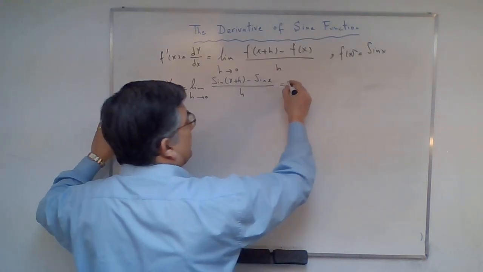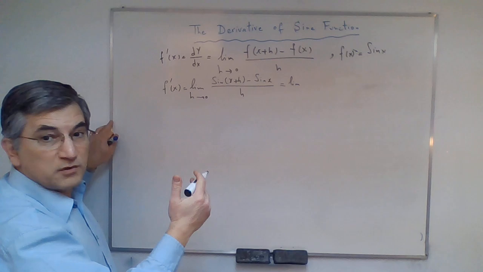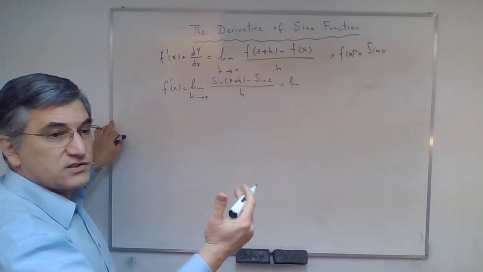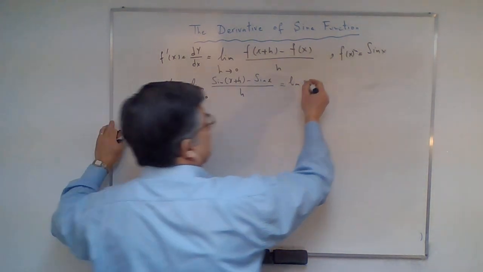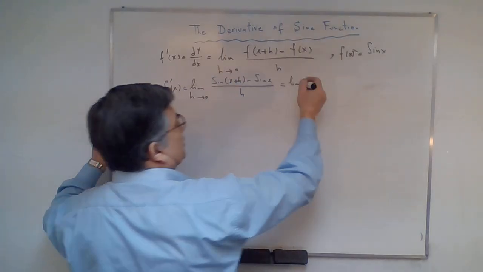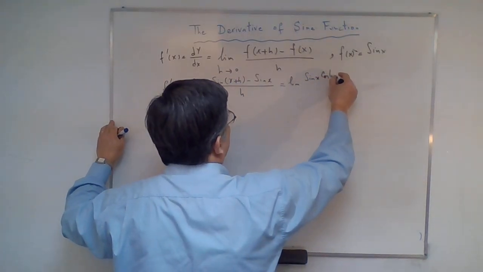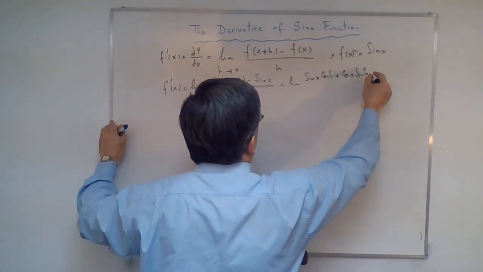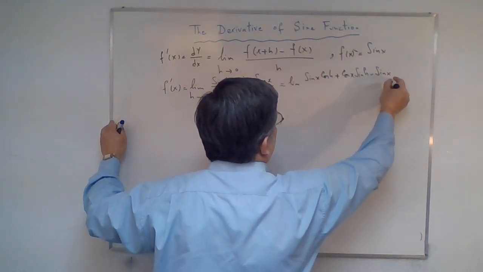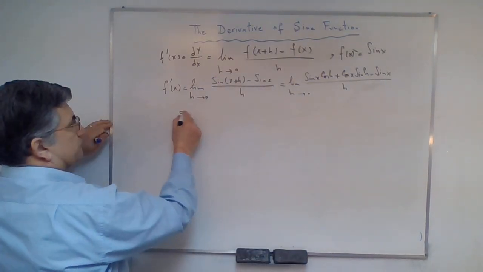Now I'm going to apply the compound angle identity, or the addition formula for sine, that we have learned in the past in studying trigonometry. That's a trig identity. So sine of x plus h would be sine x cos h plus cos x sine of h, minus sine x, of course, all over h when h approaches 0.